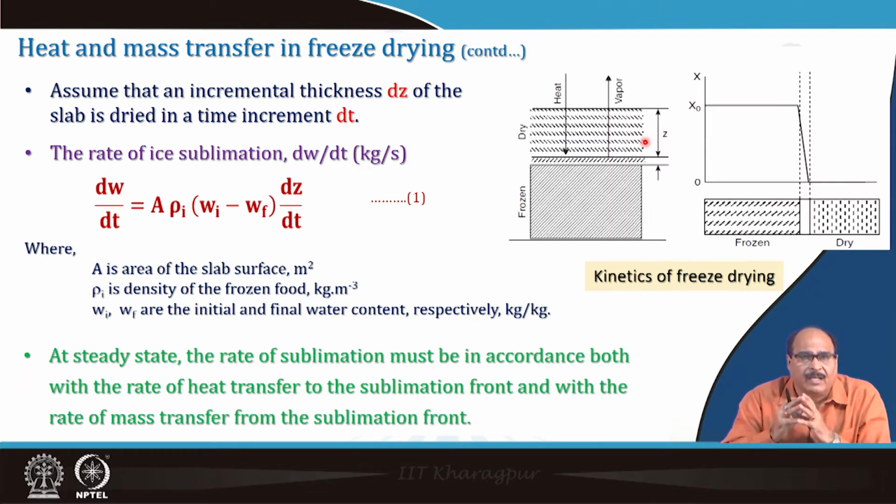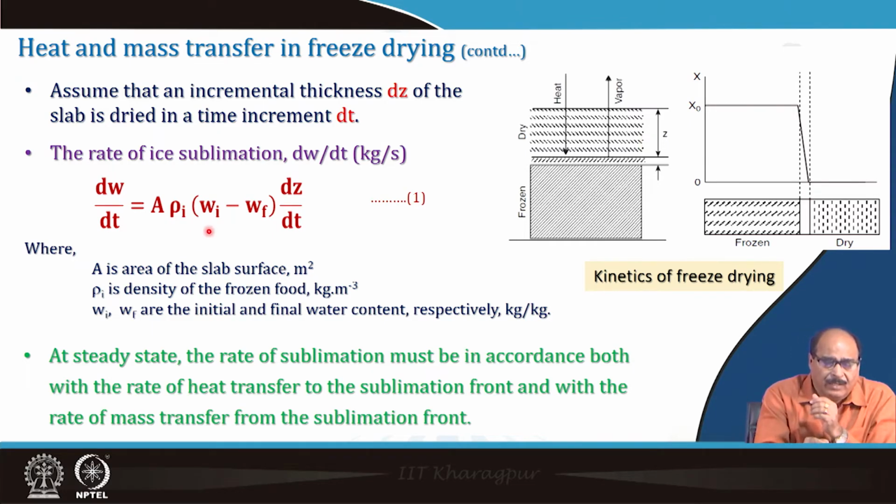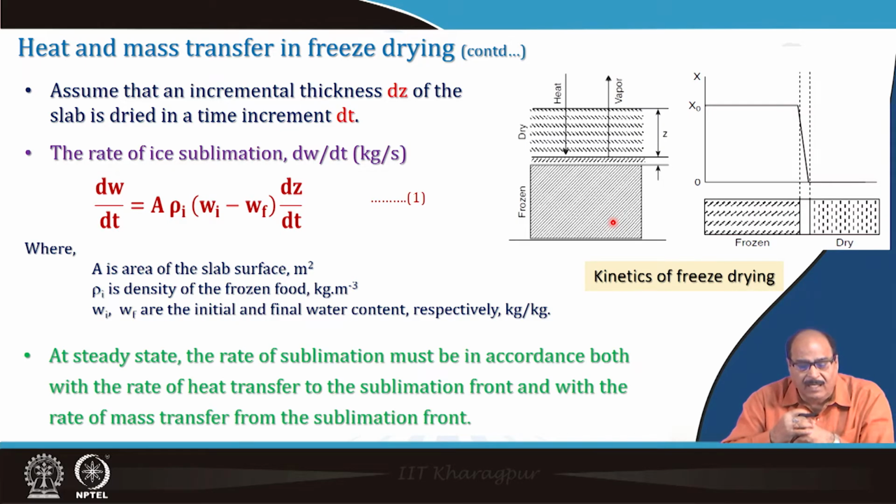So, the rate of the sublimation, that is dw/dt, is equal to A rho_I (wi - wf) dz/dt, where A is the subliming surface area of the slab, rho_I is the density of the frozen food, and wi and wf are the initial and final water content respectively.